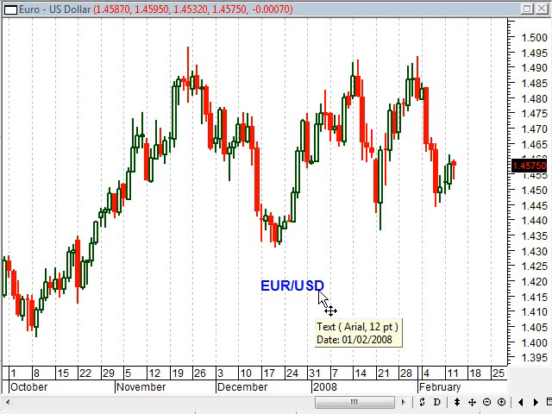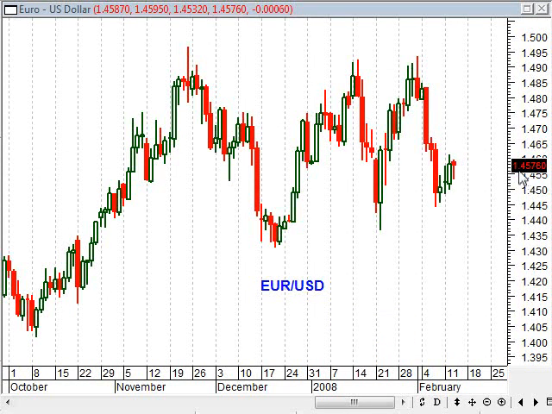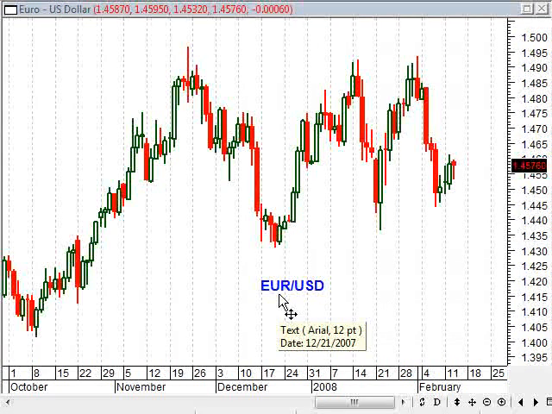Now, there's a really easy way to remember how this works. If the euro dollar is being quoted in dollars, so we would refer to this as, right now, the exchange rate is $1.4576 to 1 euro. It's being quoted in dollars. The base in this case is the euro.